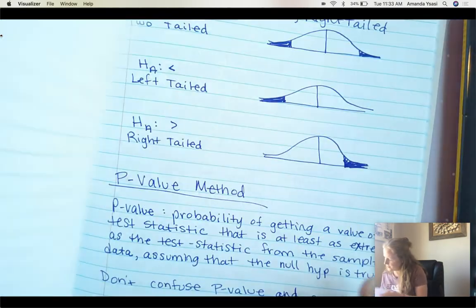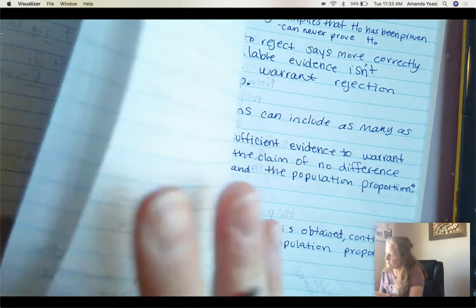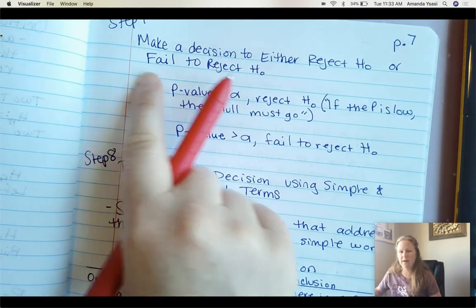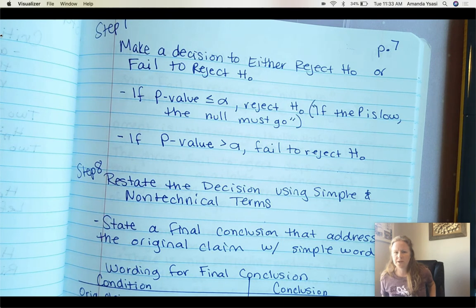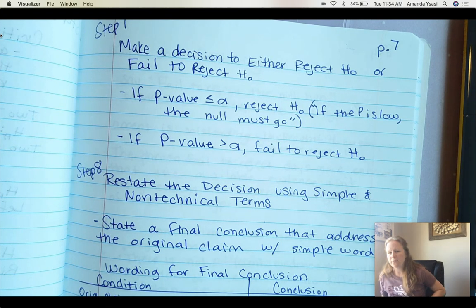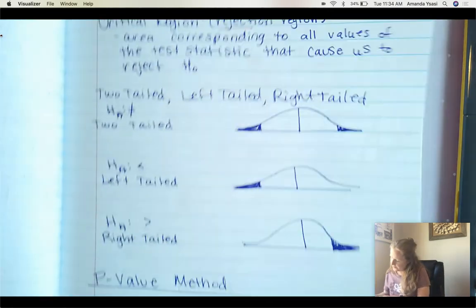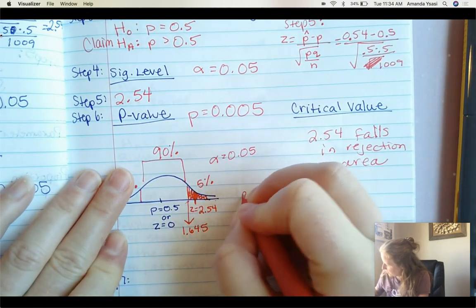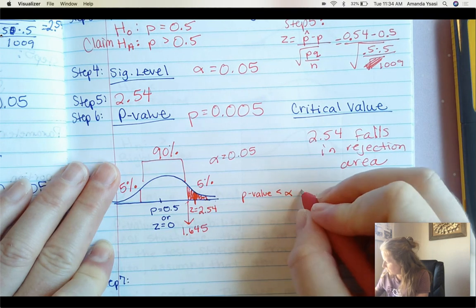Let's see, trying to go back and forth. Here it is. I hadn't actually got to this one. Make a decision to either reject the null or fail to reject the null. If p-value is less than alpha, reject null. So that's what happened here. P-value less than alpha, reject.